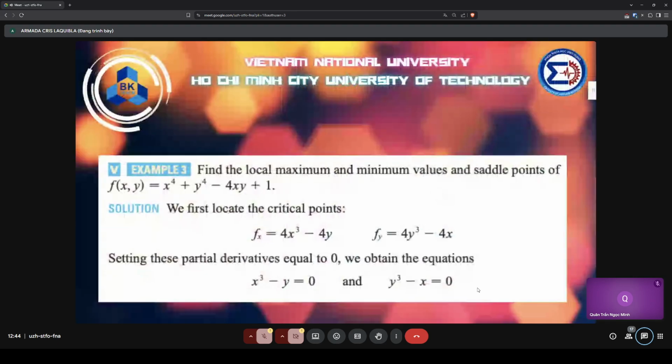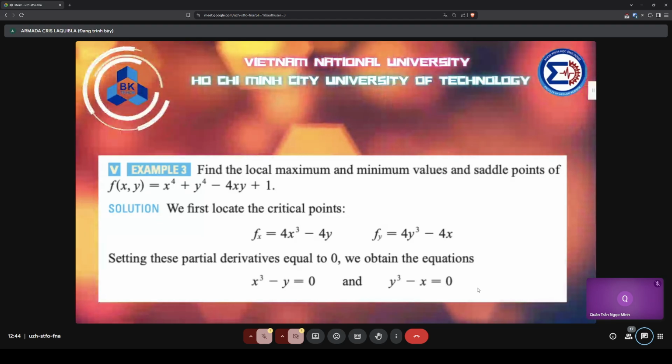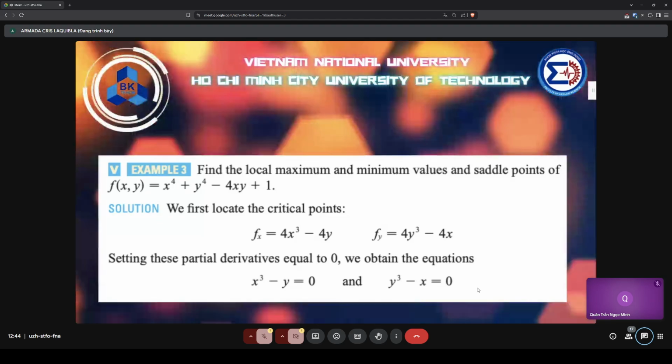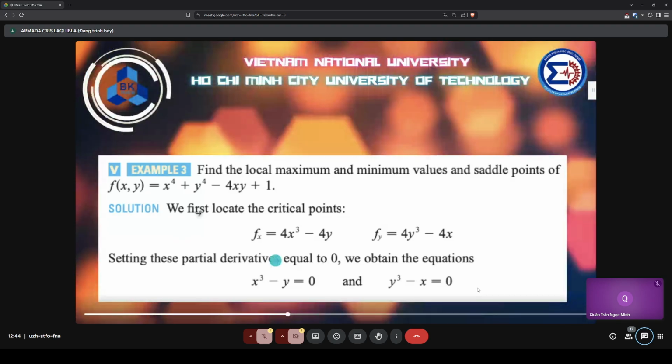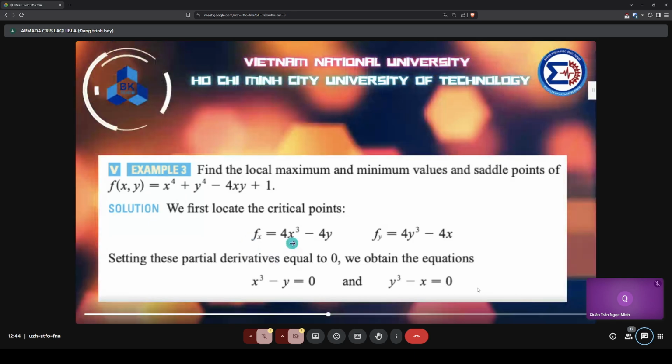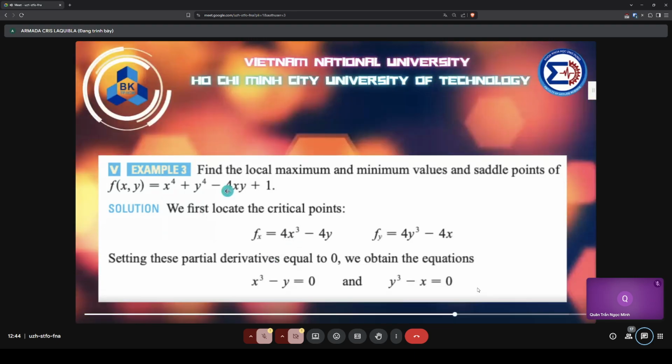Find the local maximum and minimum values and saddle points of f(x, y) = x^4 + y^4 - 4xy + 1. So take fx first. By the way, class, please study this one because sometimes in the test, it's not like this that they are going to give you in the questions.